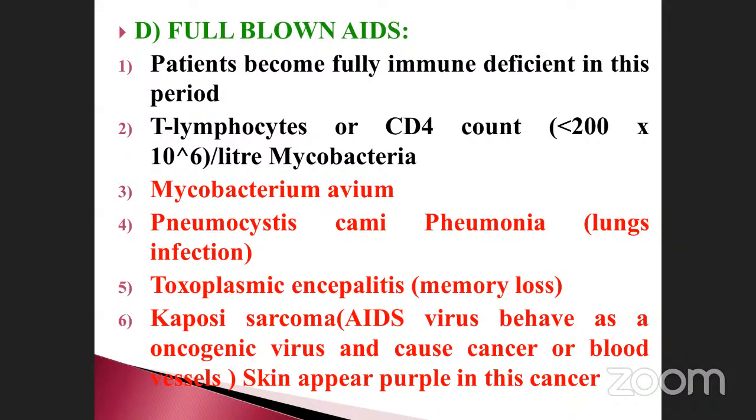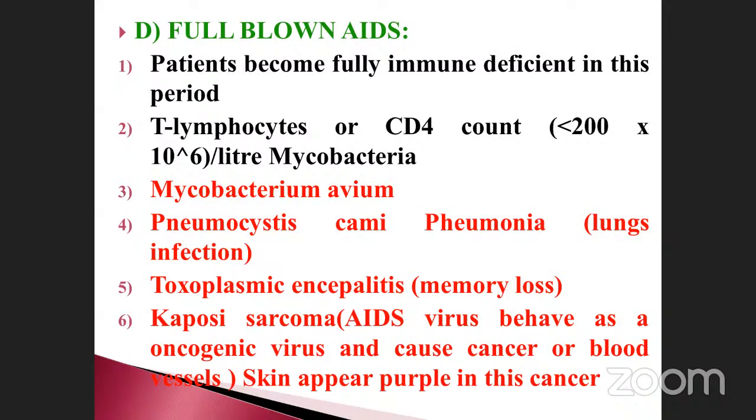Once again, repeat for you. The patient becomes fully immune deficient in this period. The T lymphocyte CD4 count will be reduced to less than 200, and 10 to the power of 6 per liter mycobacterium. Other diseases also occupy. What is Mycobacterium? Otherwise called TB, and pneumonia, particularly lung diseases.